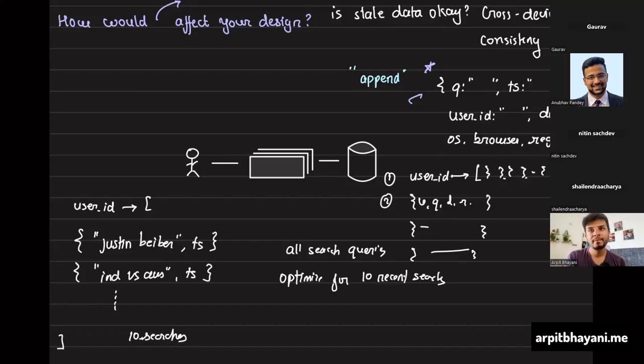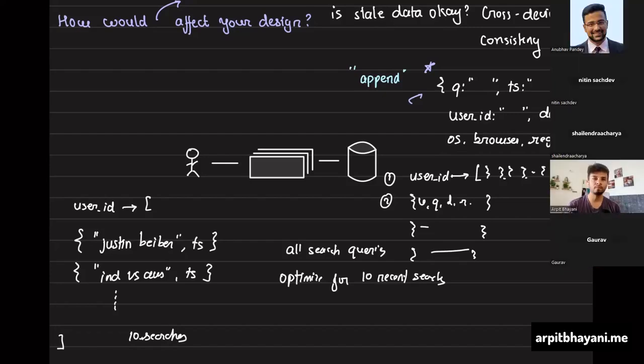I would go with the first one because that seems faster. The access time for that seems faster. No, but we are storing all the search queries made by all the users ever. Yeah. So if I've made up until now 10,000 searches on Google, will I be having 10,000 entries over here? So how will that be stored in the second case then?